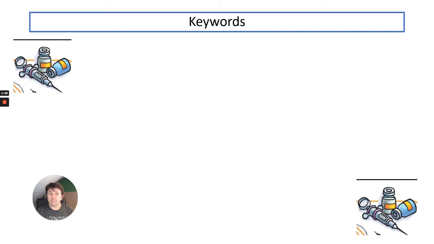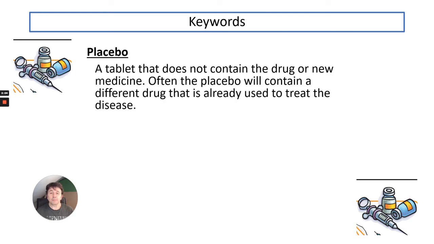There are some really important keywords in this section of work as well that will come up time and again. So let's just have a look at them. First of all is placebo. A placebo is a tablet that does not contain the drug or new medicine. Often the placebo will contain a different drug that is already used to treat the disease. And something called a double-blind trial.